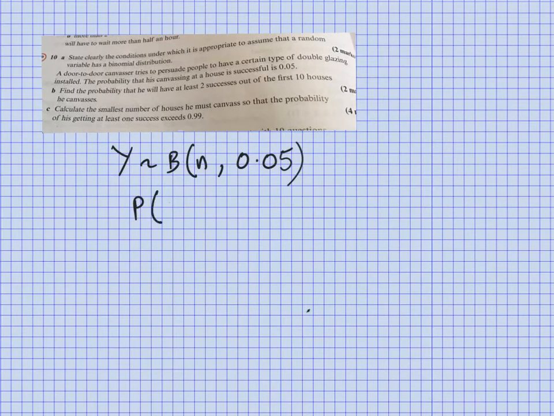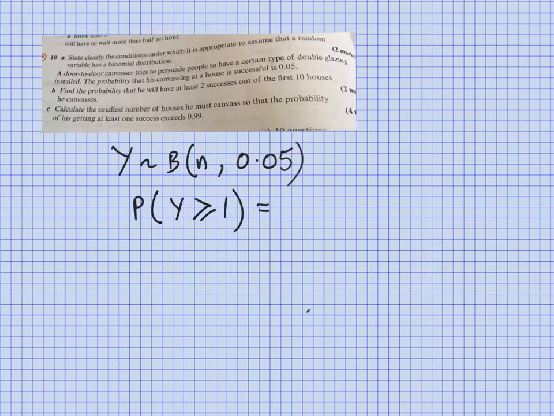So this is the number of houses he's successful with if he canvasses n. So y can be modelled as a binomial with n trials and a probability of success of 0.05.